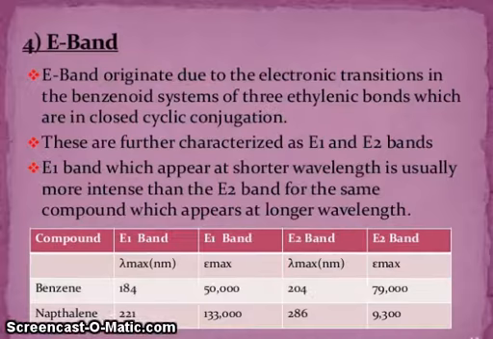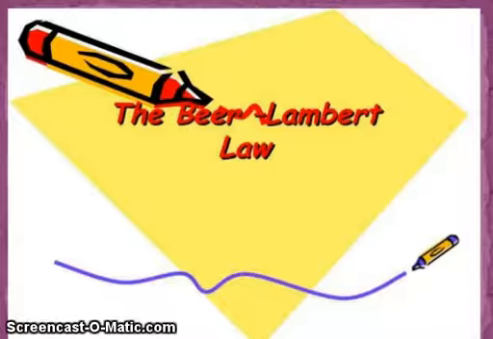E band originates due to electronic transition in the benzenoid system of the three ethylenic bonds which are in closed cyclic conjugation. These are further characterized as E1 and E2 bands. The E1 band, which appears at a shorter wavelength, is usually more intense than the E2 band for the same compound, which appears at the longer wavelength.